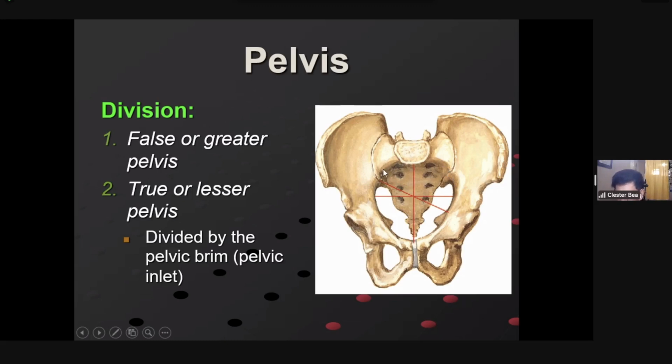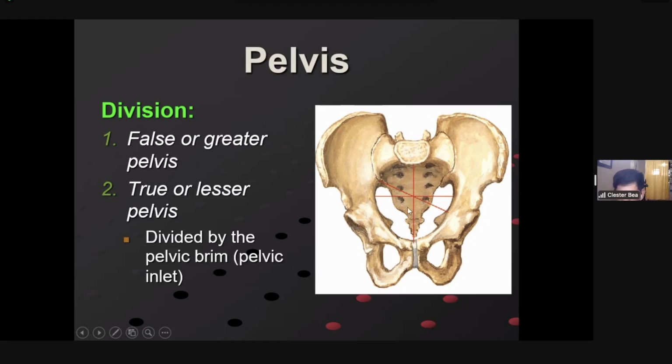Everything superior to the pelvic brim is the false pelvis, while inferior to the pelvic brim is the true pelvis. Because of the size difference, the false pelvis is called the greater pelvis, since the space is bigger, and your true pelvis is smaller, that's why it's called the lesser pelvis. But in our discussion, this is basically what we are going to concentrate on: the true pelvis, the one that is found below the pelvic inlet.